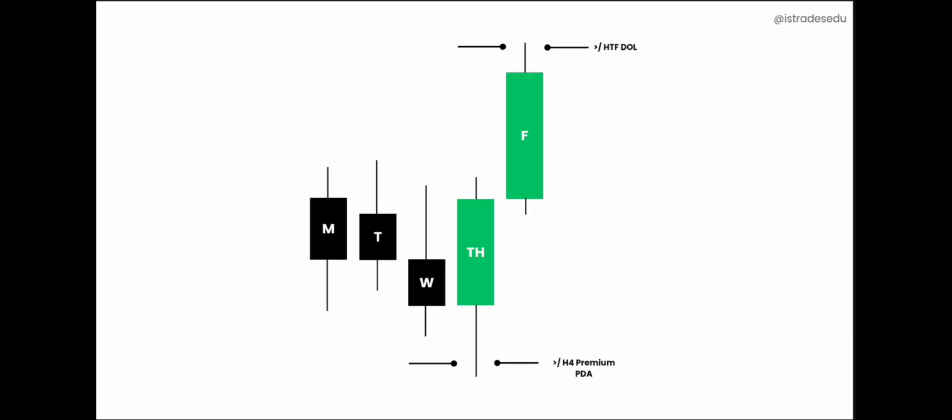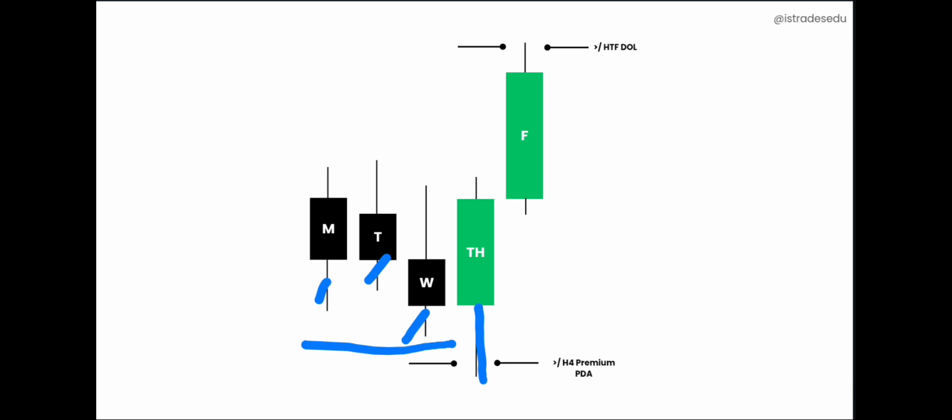Now here is an example of the next day model. So price opens Monday, opens Tuesday, opens Wednesday, and then Thursday it manipulates. This is an example of a consolidation reversal, which I explained earlier.